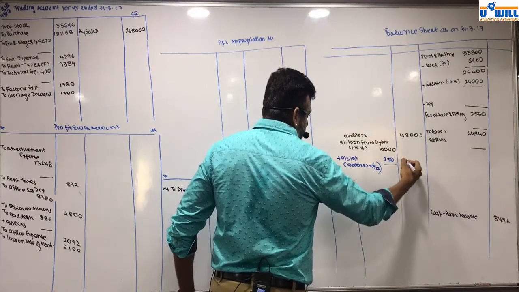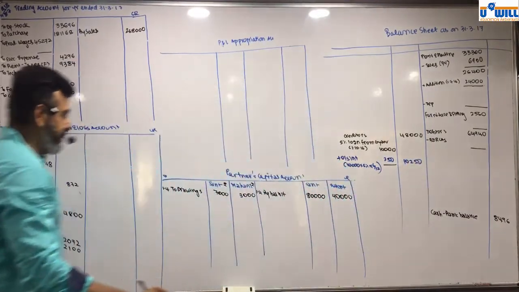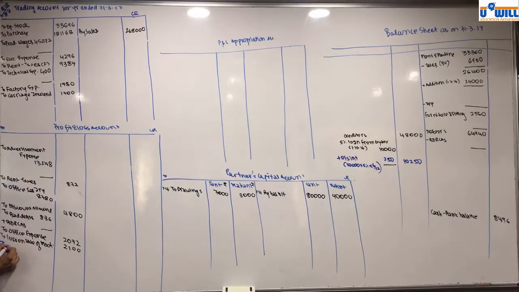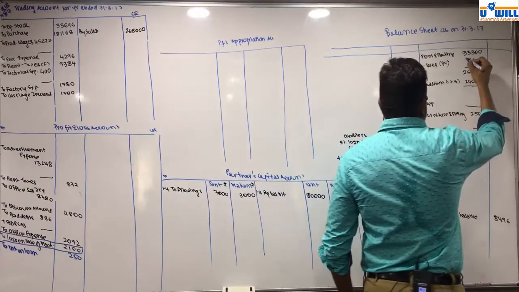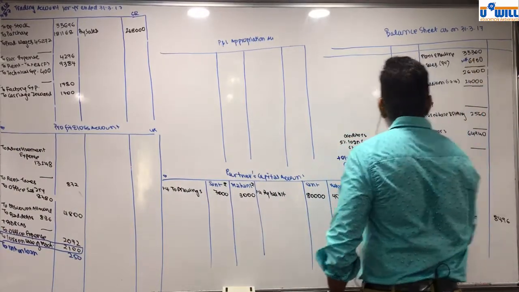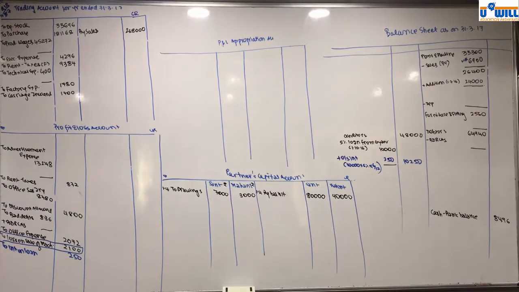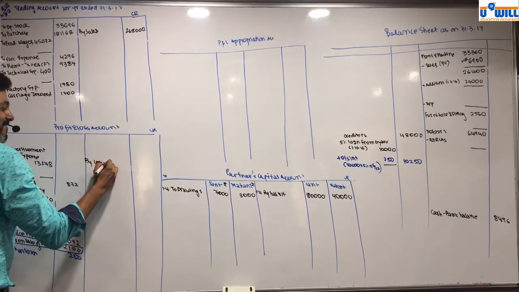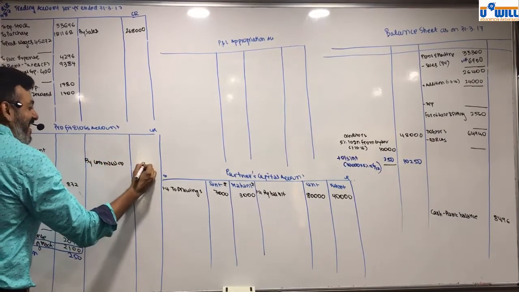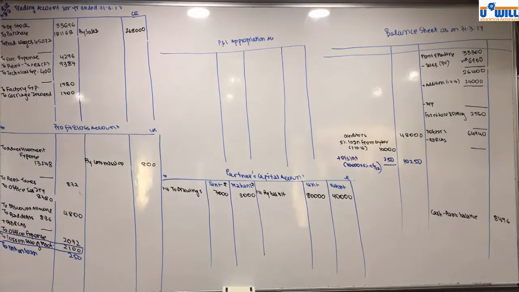So 2.5, so 250. 10250. Second effect, to interest on loan 250. I'll mark this 2100 important. Then commission 800 by commission. Okay, now check whether you have given the equal effect for everything.